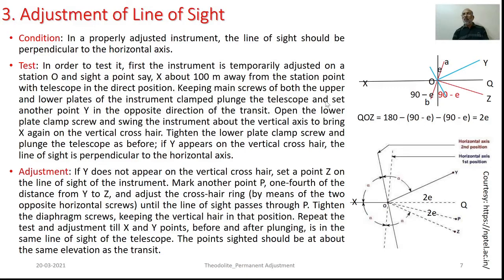That is, whenever we place the telescope on the opposite side, we should get the same location of this particular station Q.